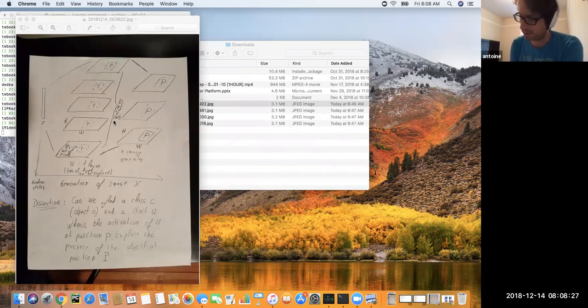The way they do it, simply, is they take one layer of the generative model, and they generate a bunch of images.